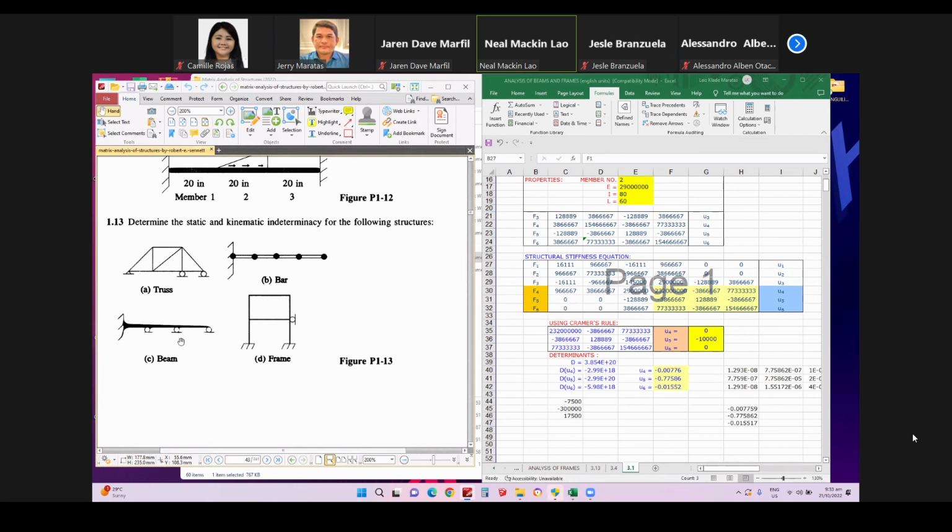I think some of us also got K equals 3, so we were confused because the answer key says K equals 0. Okay, since it can rotate, that should be 3, the kinematic indeterminacy.